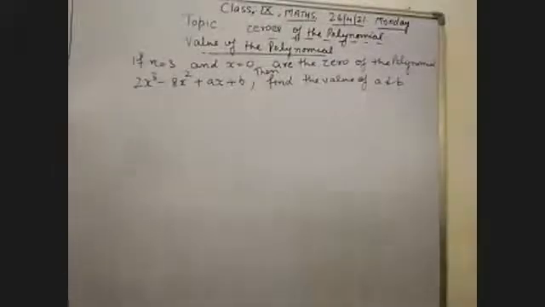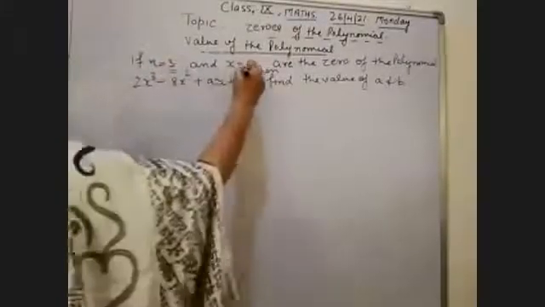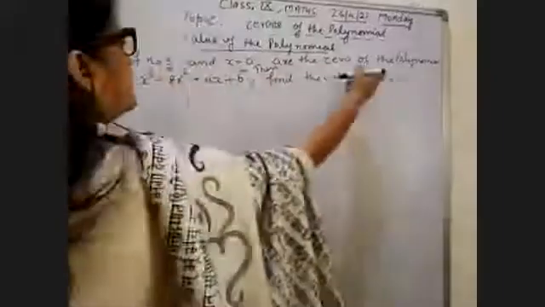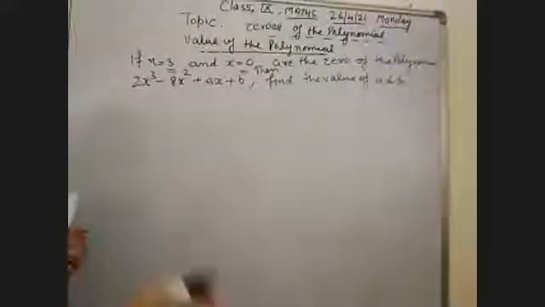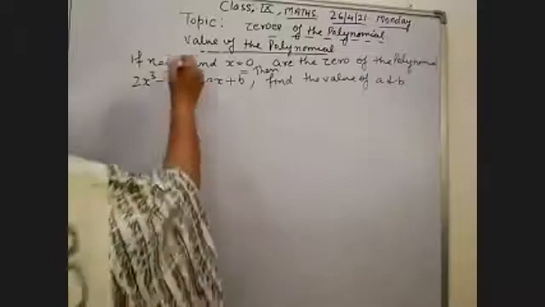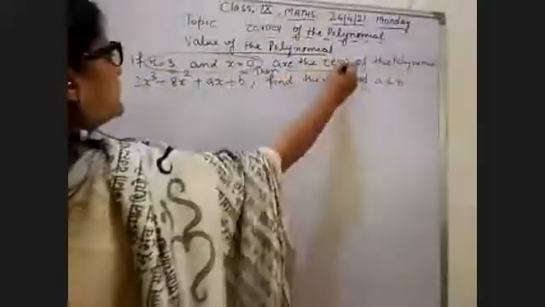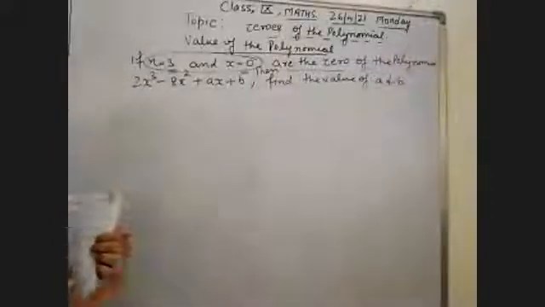How will we find the value of a and b? When x equals 3 and x equals 0 are the zeros of the polynomial. In the last question, I also explained, when these variables' values are given and it is also written that these are the 0s of the polynomial.